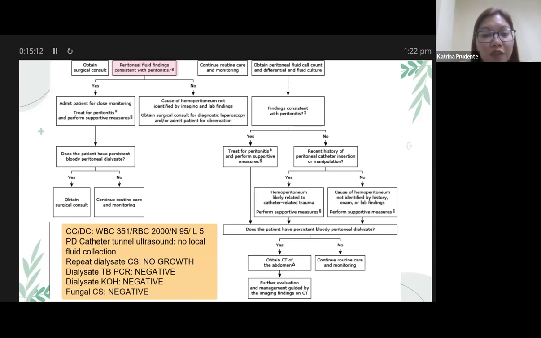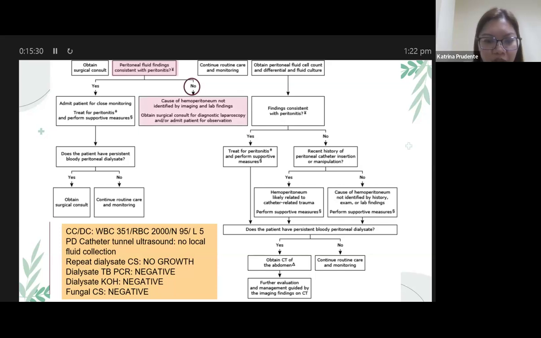The PD catheter tunnel ultrasound was done, which showed no local fluid collection. The repeat culture showed no growth, and the dialysate TB PCR turned out to be negative, dialysate KOH negative, and the fungal culture was also negative.